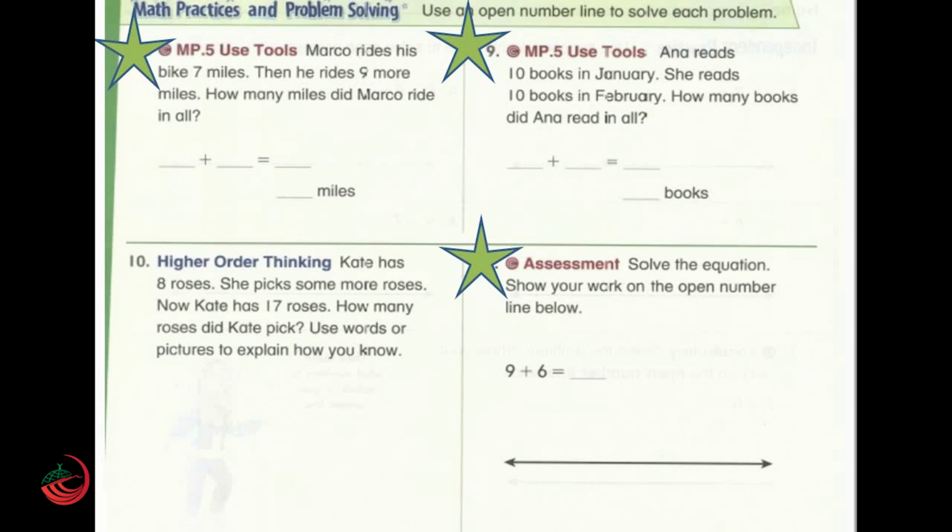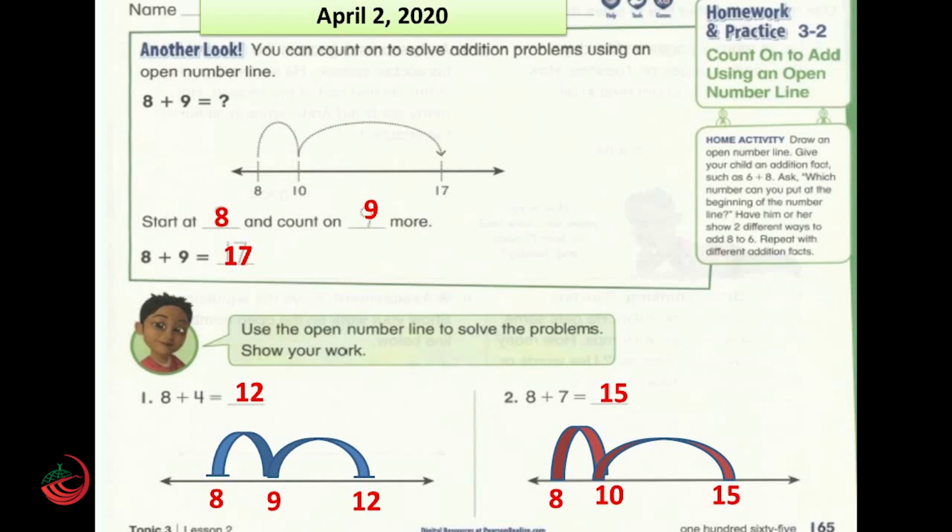And let's make the answer 15. Okay, so we finished the jump at 15, and it's our final number here, 15. Because if you have 8 in your mind and 7 on your fingers, and you counted 7 more from 8, you will get to 15.